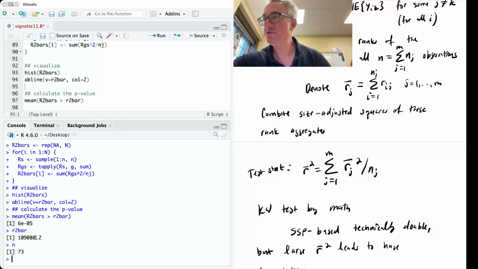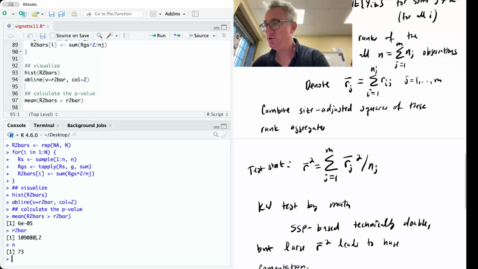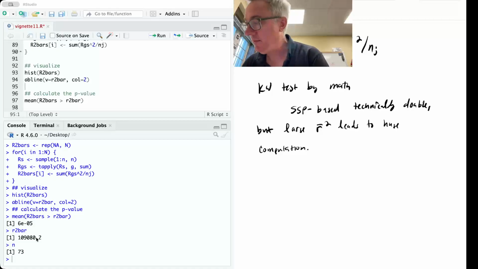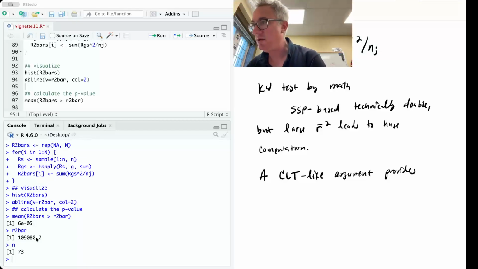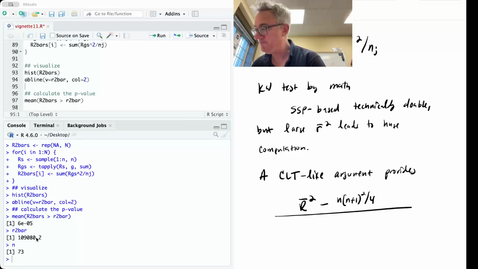So what people do, here's the thing you're really going to not like, and there's way more about it in the book, an inscrutable central limit theorem type argument provides the following approximation. So if you take this R bar squared value and subtract off its mean, I'm just going to tell you what that mean is, and there's a little bit more about that in the book, and then divide by its variance.